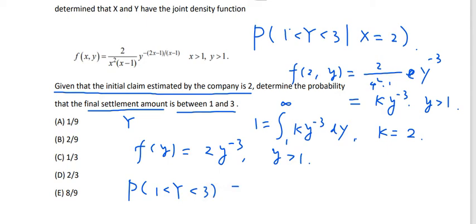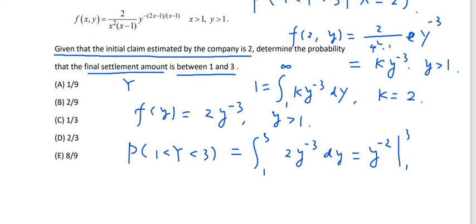This is the integral from 1 to 3 of 2y to the negative 3 dy, which equals negative y to the negative 2 evaluated from 1 to 3. So this equals 1 minus 1 over 3 squared.